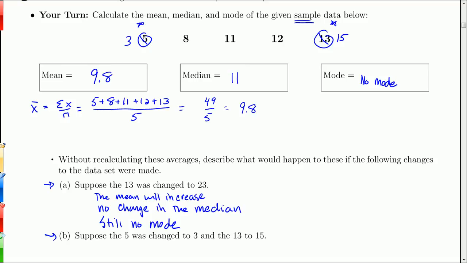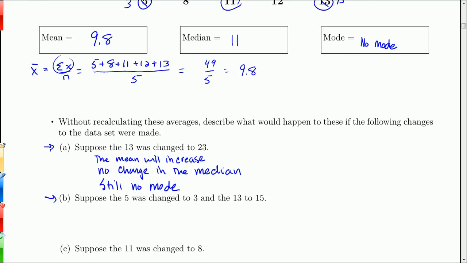So it's still going to add up to the same, and your mean is not going to be changed. And the median will still be 11, and there will still be no mode. So in that case, nothing changes. The mean, the median, the mode all stay the same.